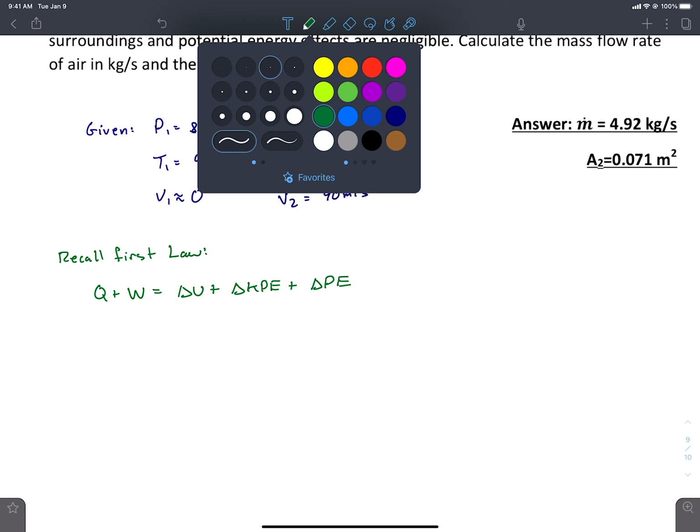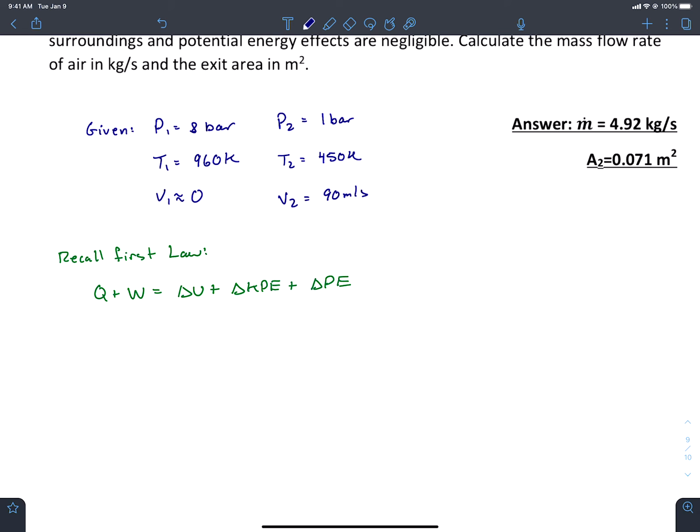Now, writing this out, Q dot plus W dot equals m dot times delta u plus delta KE plus delta PE.